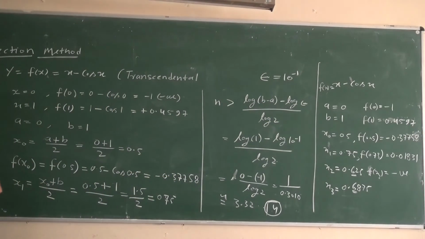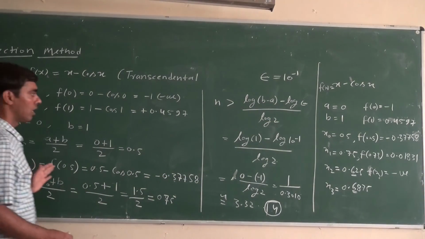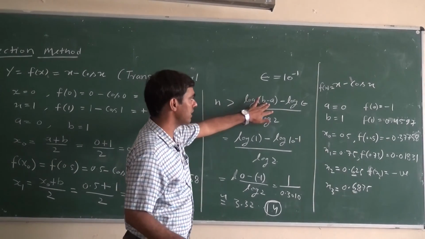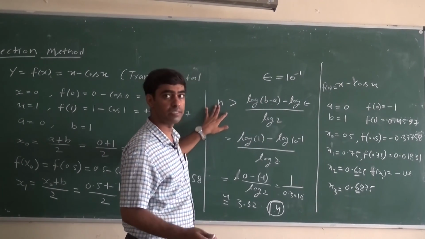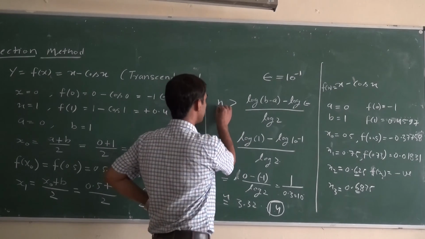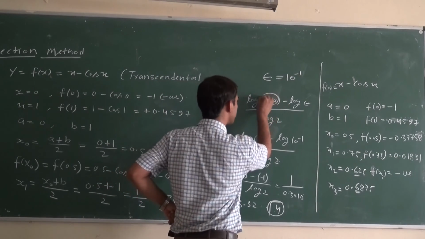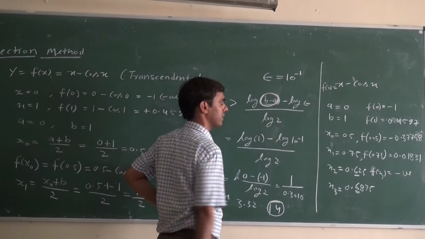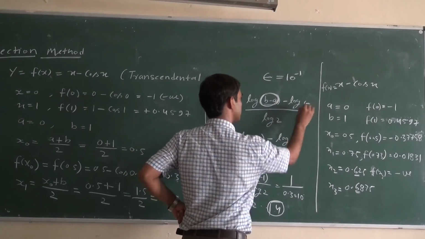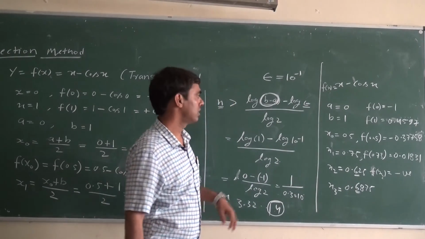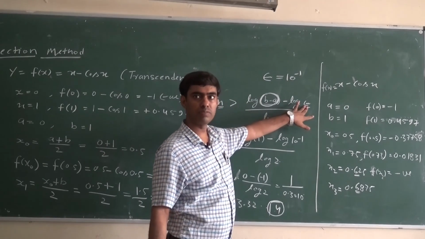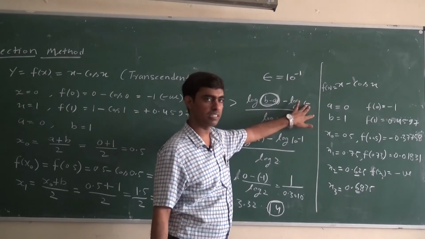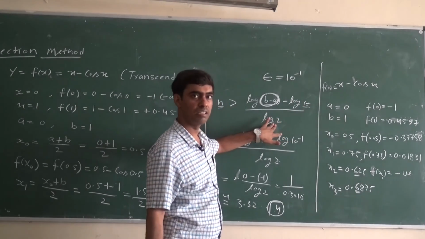As the difference of a and b is large, the value of n is large. Since epsilon is fixed, if we try to find the root correct up to 4 decimal places, this is a constant.